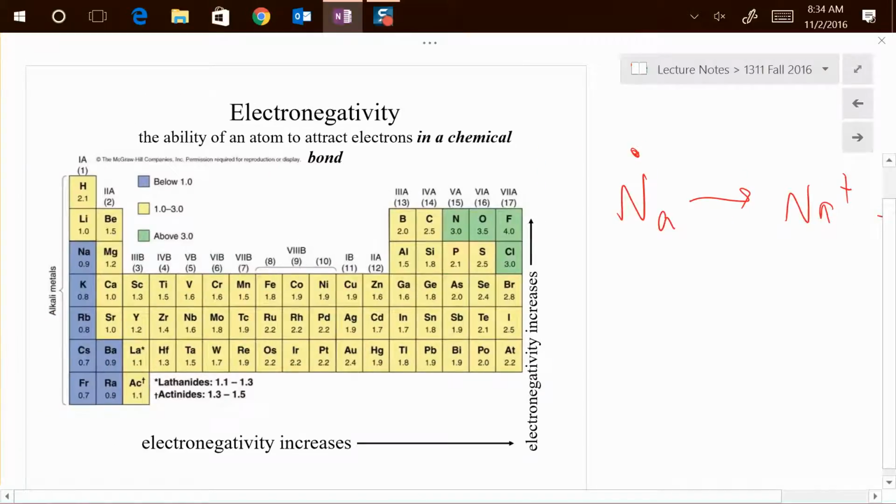Okay, electronegativity. Electronegativity is really why things either become ionic compounds or covalent compounds. When we're talking about ions, those are things that gain and lose electrons. But fluorine and oxygen don't always gain electrons just for the heck of it.